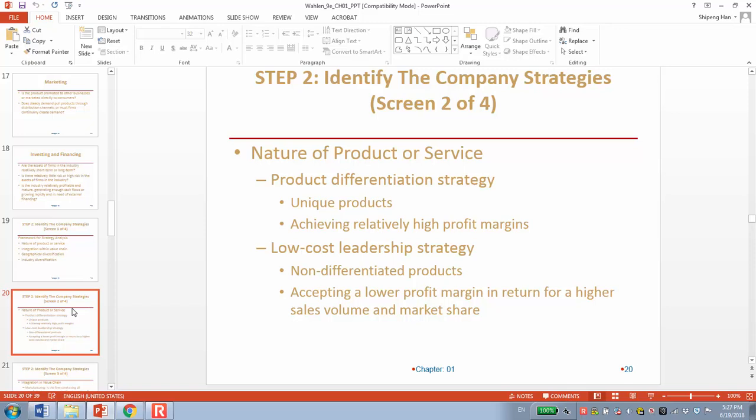But for cars like the Toyota Camry and Honda Accord, these economy cars, the sales are so large. You can see this type of car on the road every day. So the company achieves profit through higher sales, although the profit margin is lower. So that's the first one, nature of product and service.